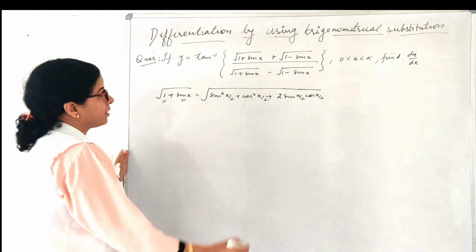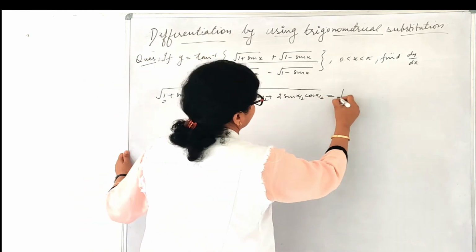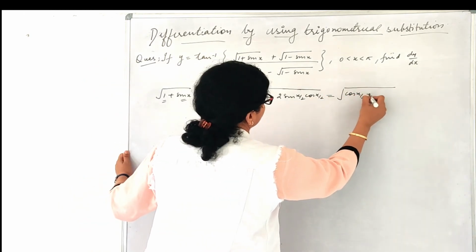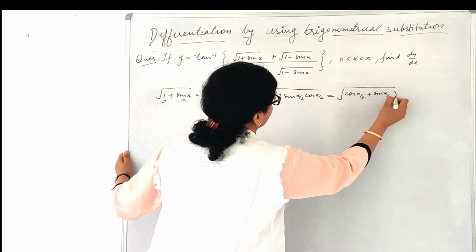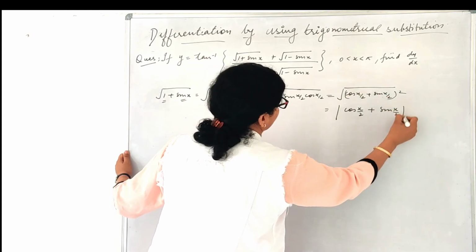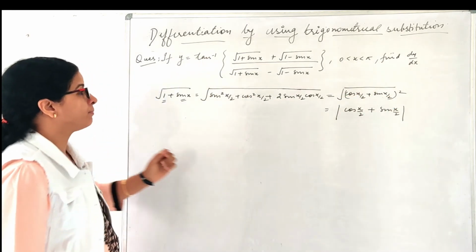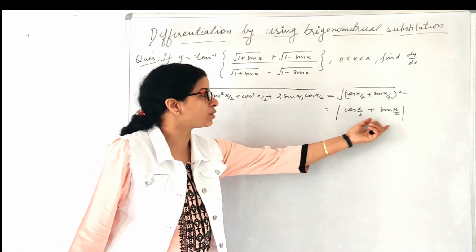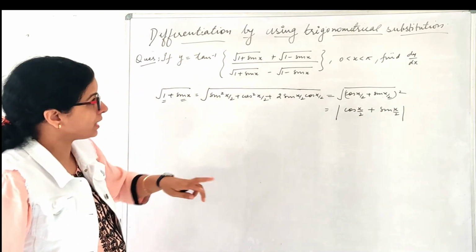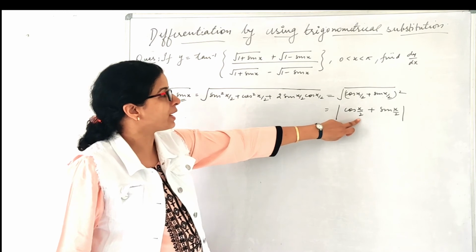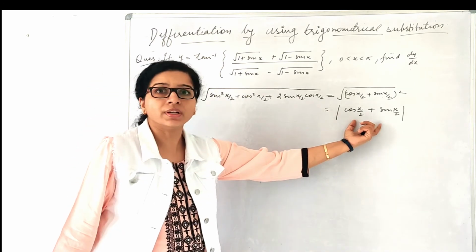So basically we can write this part as under root of (cos x by 2 plus sin x by 2) whole square, and when it comes out from the under root, it will become modulus of cos x by 2 plus sin x by 2. Depending upon the angle in which my x lies, this value will change.